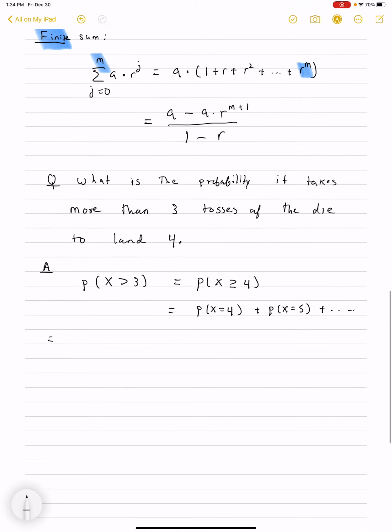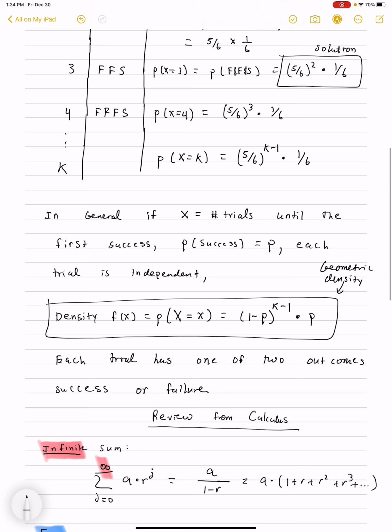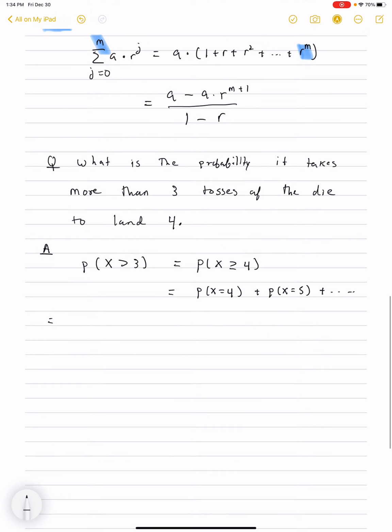Each of these probabilities is given by this geometric density, and p is equal to 1/6 here. Okay, so x is 4 will be 5/6, that's 1 minus p, to the 3, for 3 failures and 1 success. Then P of x being 5, that'll be 4 failures and 1 success, and so on.